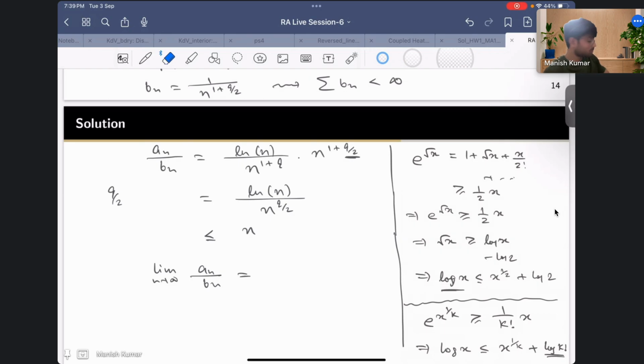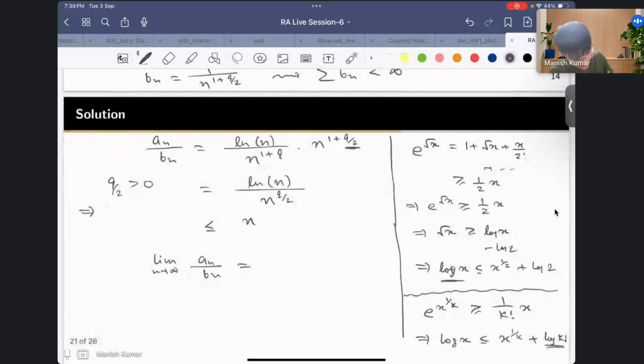This means by the Archimedean property you can find n large such that 1 by n is less than q by 2 for all n greater than or equal to some n naught. So this is by the Archimedean property.